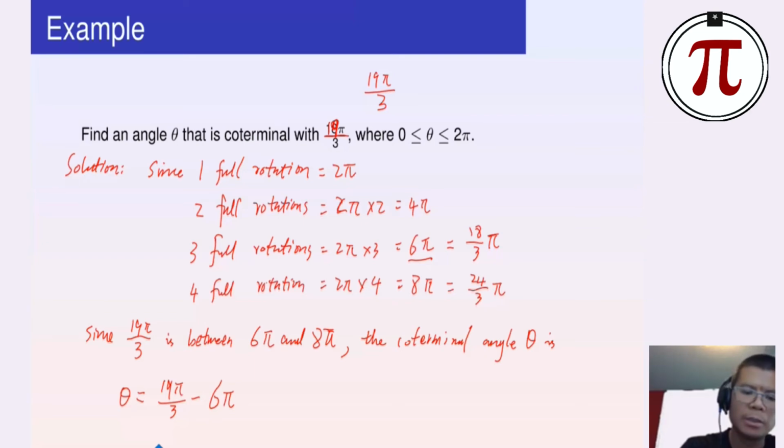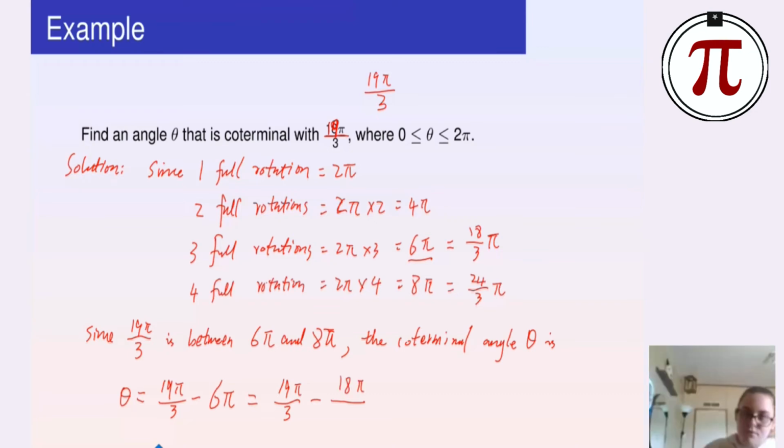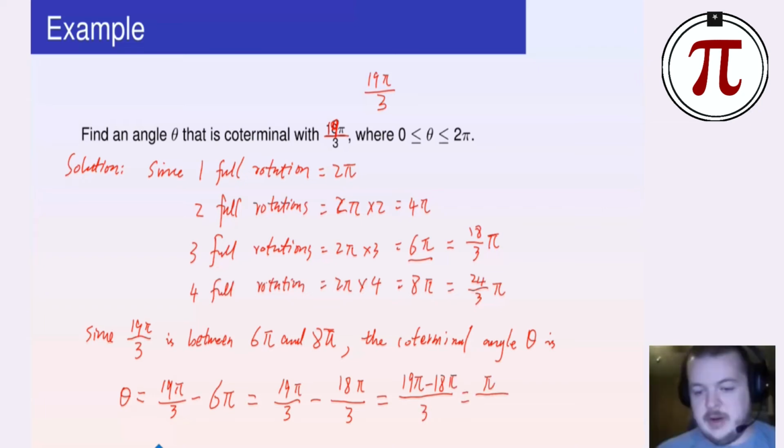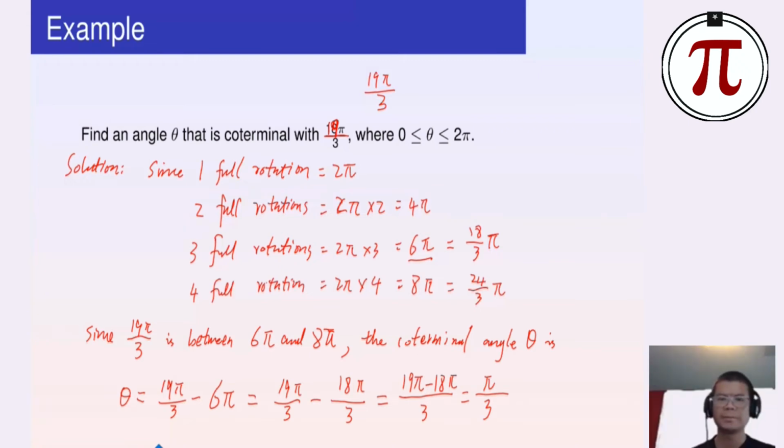Which is 19 pi over 3 minus, now 6 pi is 18 pi over 3, okay? Which equals what? We have the same denominator, so 19 pi minus 18 pi over 3, which is what? 1/3 pi. Yeah, pi over 3. That's 1/3 pi.